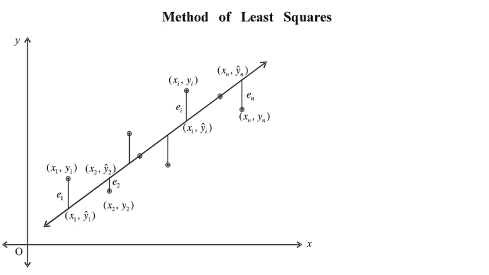Now here the word is least squares. As you can see from the graph paper, x1 y1, x2 y2, xi yi, xn yn, written in brackets, the points which are not on the line, are our observations.